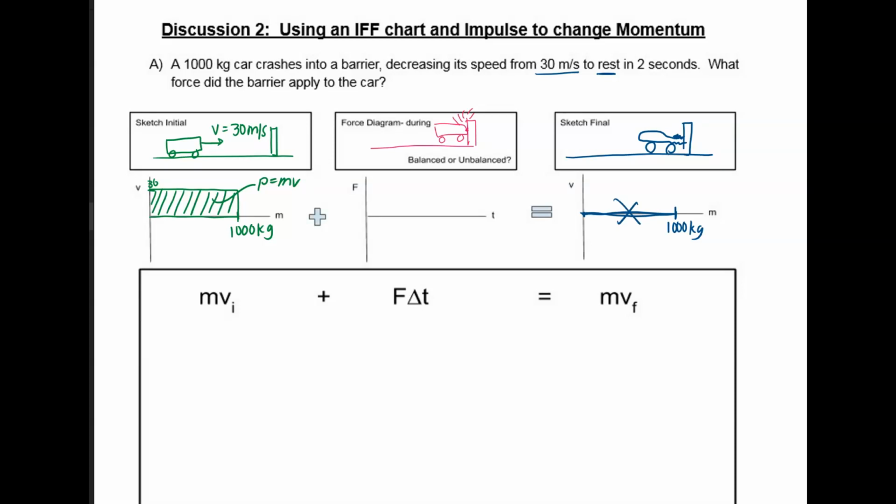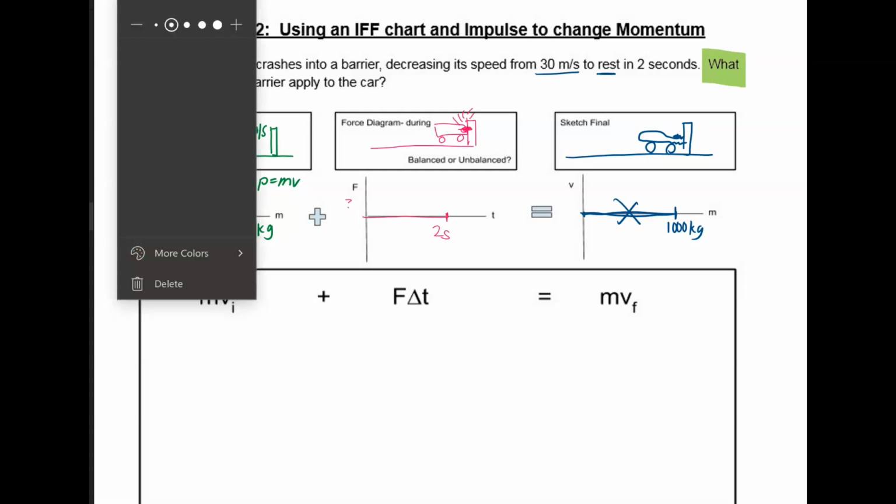The question is asking, at what force did the barrier apply to the car? So it wants to know what the force was at this point right here. Now it happened for 2 seconds, and we don't know what the force is, so we're going to use algebra to solve it.